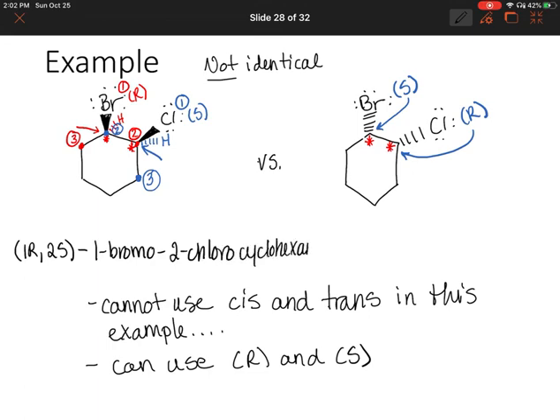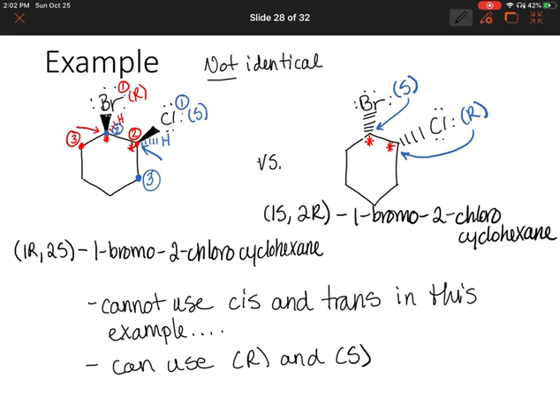So that's for the molecule on the left. For the molecule on the right, we would name that 1S, 2R, dash 1 bromo, dash 2 dash chloro, cyclohexane. So while cis and trans are really useful most of the time, in this particular instance and in a few other instances, you can't use cis and trans. You have to use R and S. Just something to keep in mind.